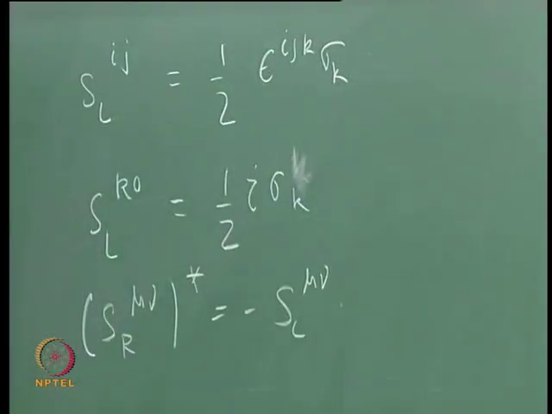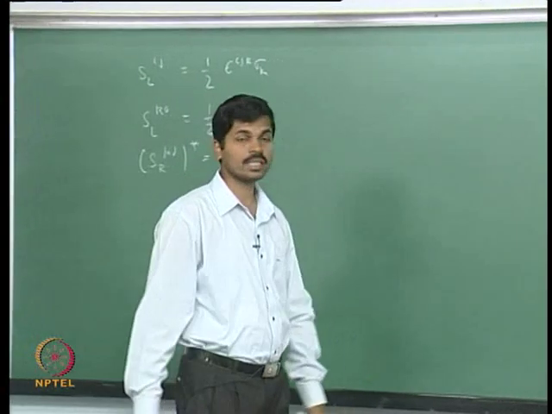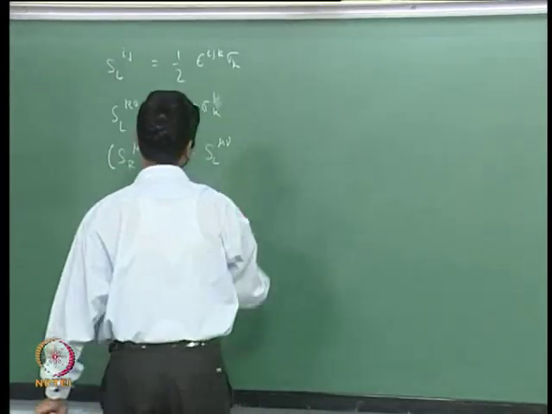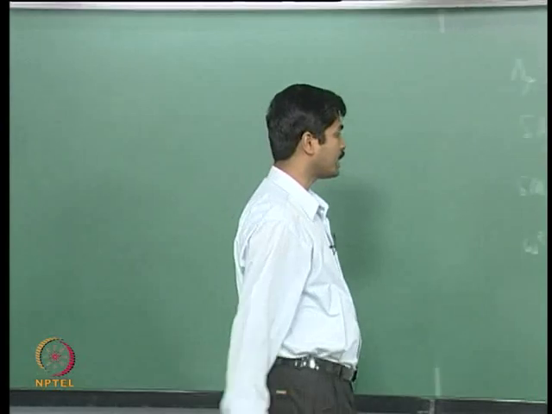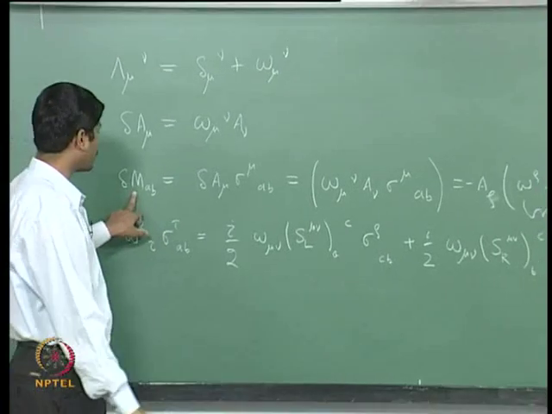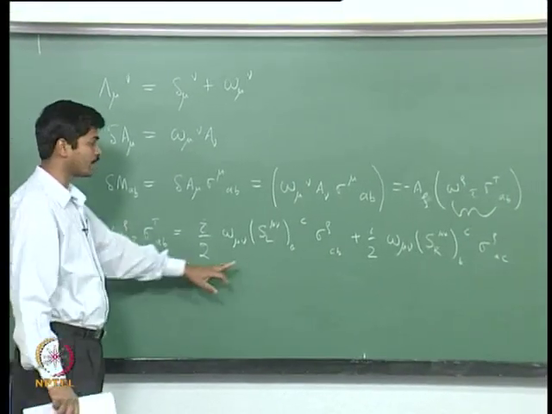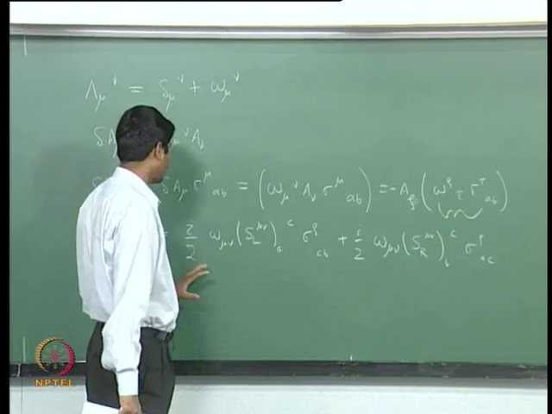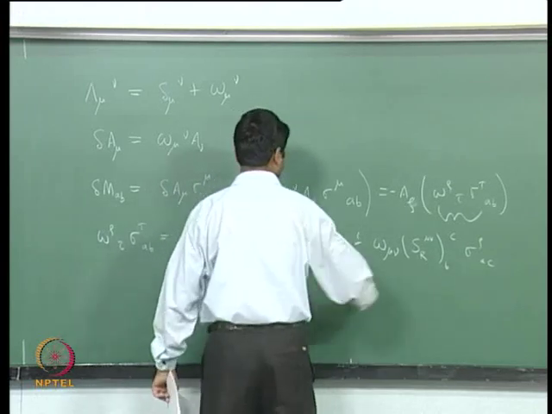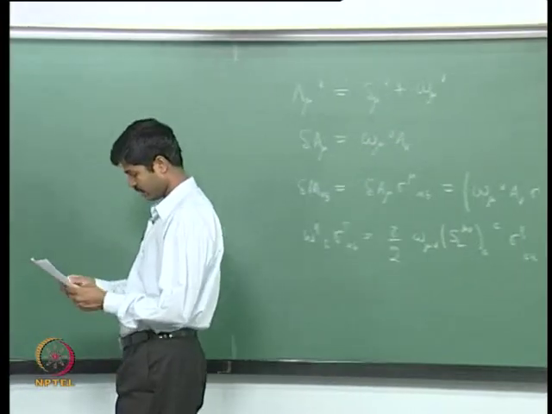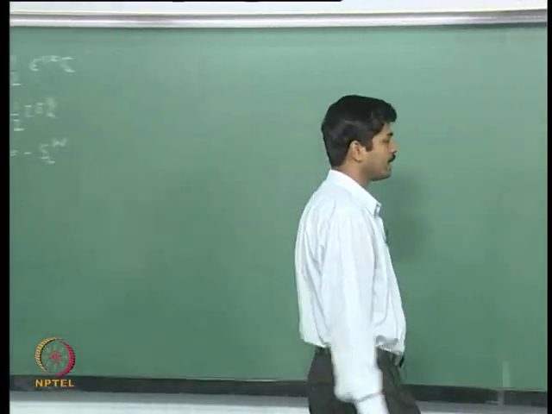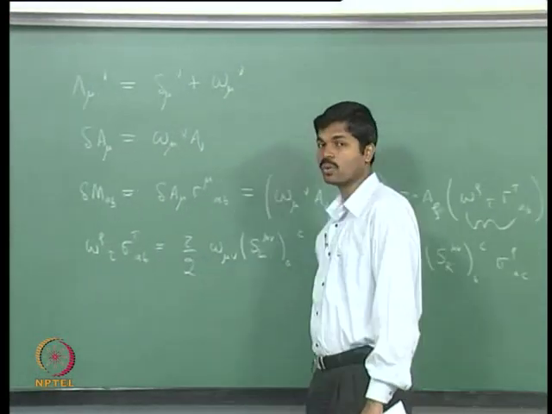So, I told you what are these S_L mu nus and S_R mu nus, and I claim that if this is how the S_L and S_R are defined, then I can write this transformation rule for the matrix elements in this fancy way. This simple transformation rule can be written in such a complicated manner, and then we will see why we are interested to write such a transformation rule. But before that, let me verify that this relation in fact holds.